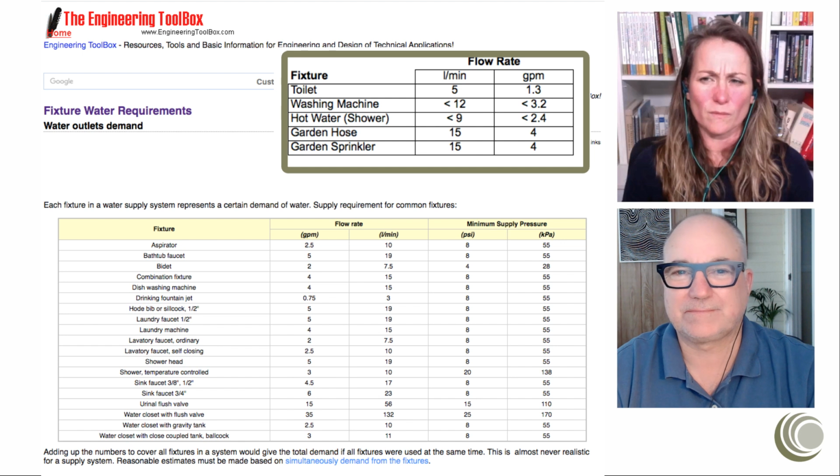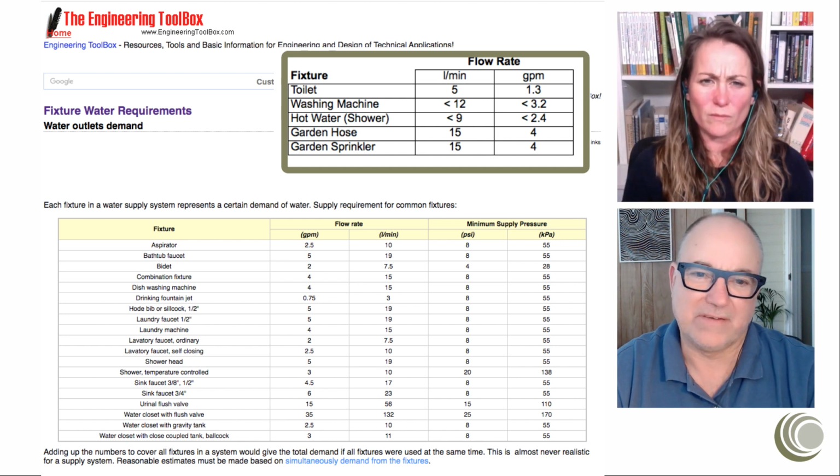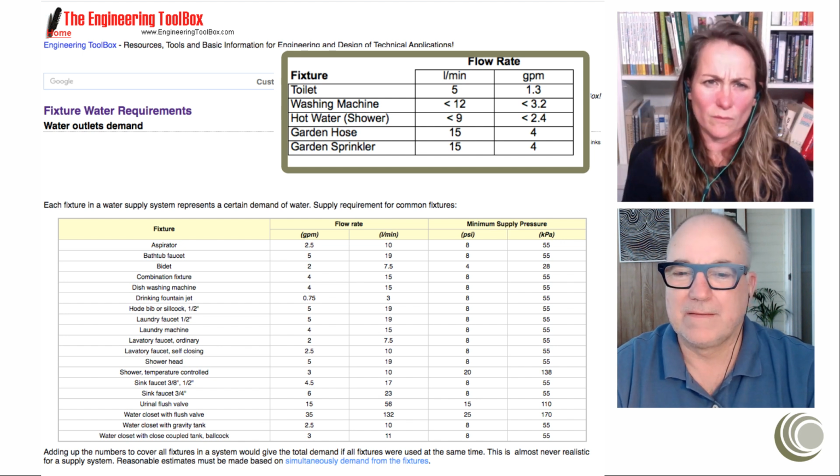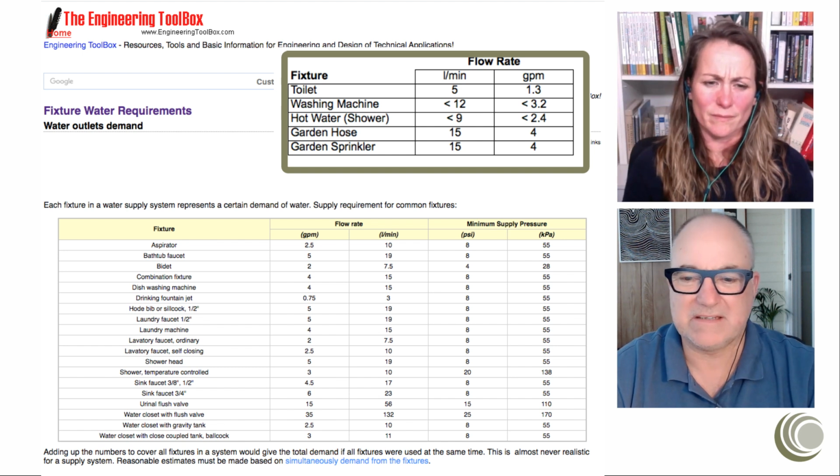That's probably a good rule of thumb. There'll always be some loss of pressure and flow rate from what your pump will supply versus what you'll end up with at the tap.